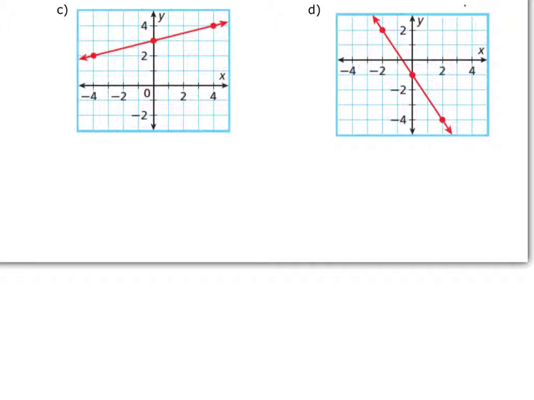Now, in examples C and D, instead of giving us in words what the slope and y-intercept are, we have to interpret what the word slope means and what the word y-intercept means. Our goal is still to write an equation that looks like y equals mx plus b. Remember, m is the slope, and slope is rise over run.